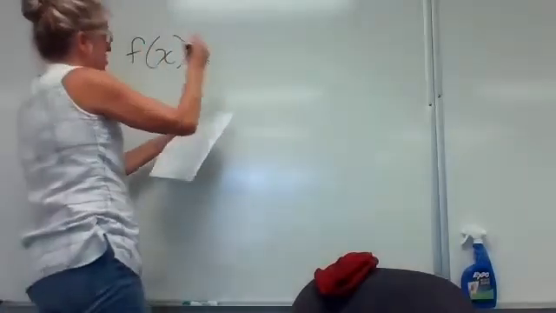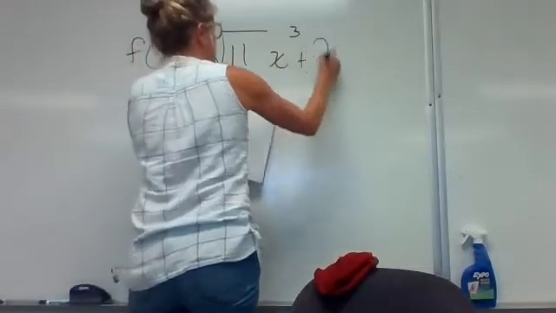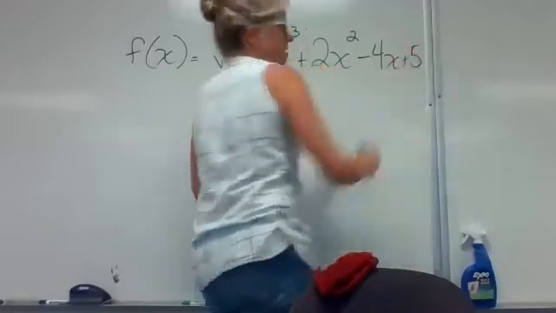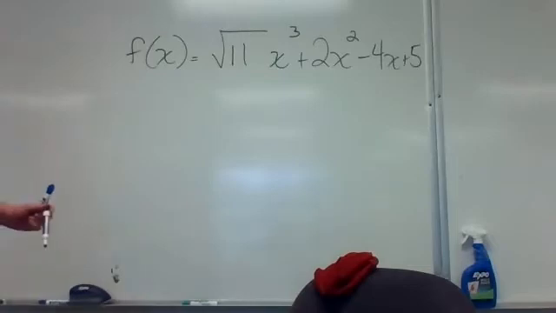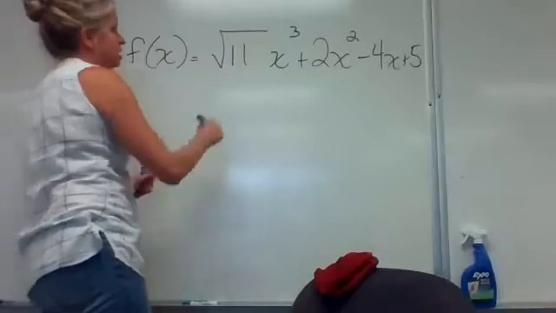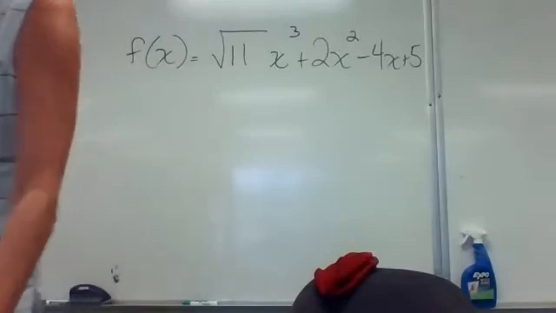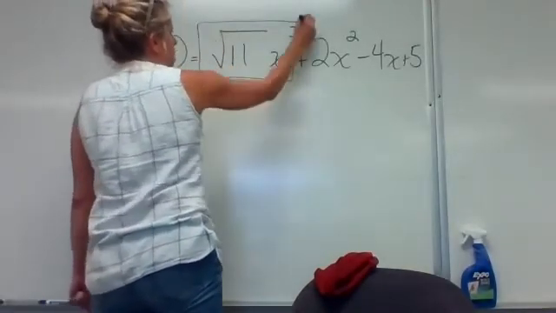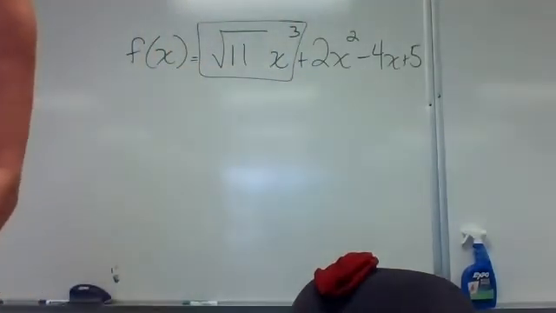This one is the square root of 11 x to the 3rd plus 2x squared minus 4x plus 5. We're not going to draw this function, we just want to know what the end behavior would be. So I'm looking for the term that has the highest exponent, which would be this x to the 3rd power. That's what's going to give it its end behavior.